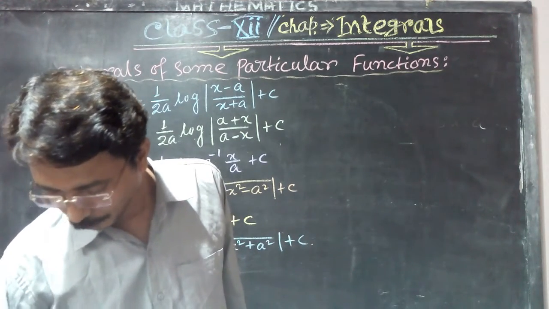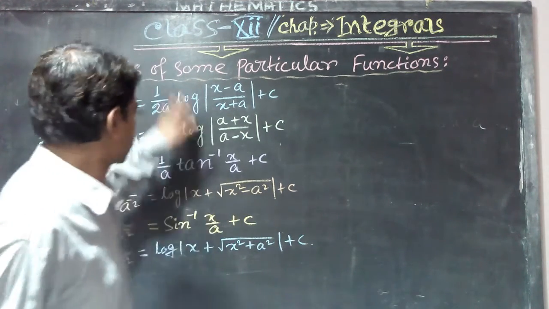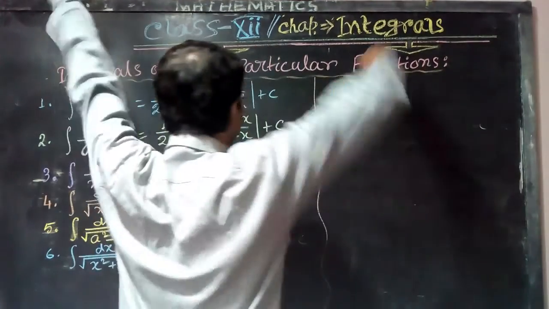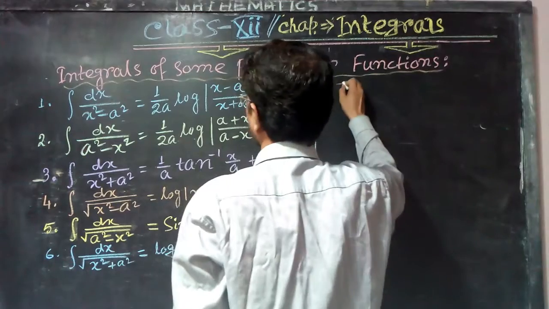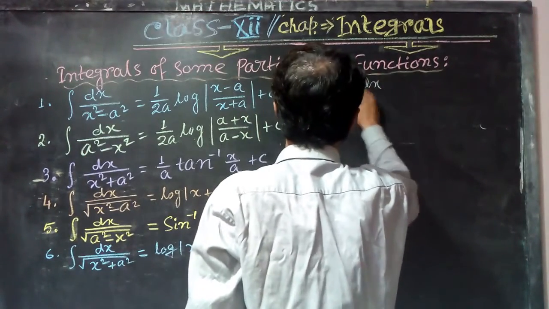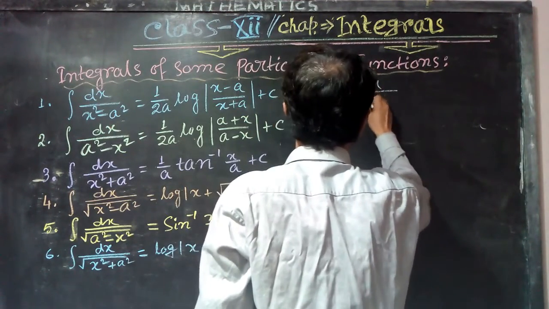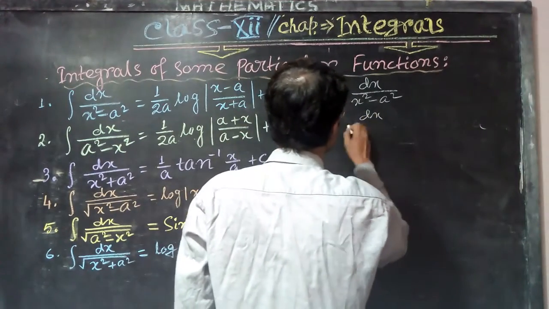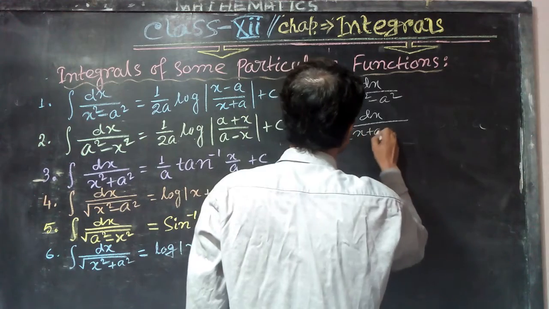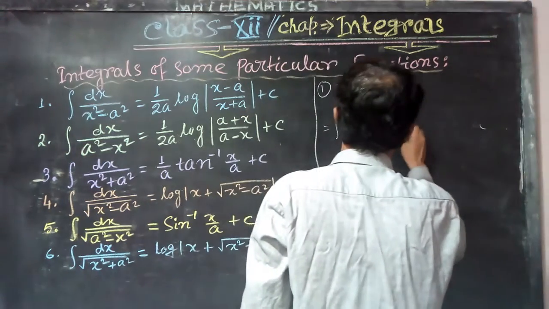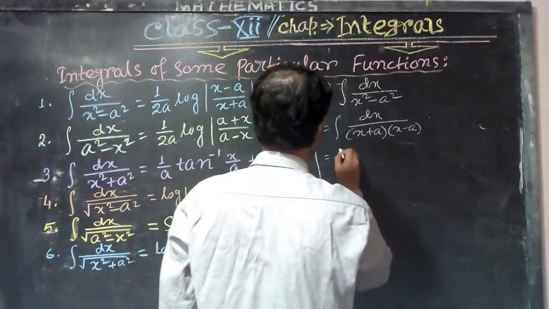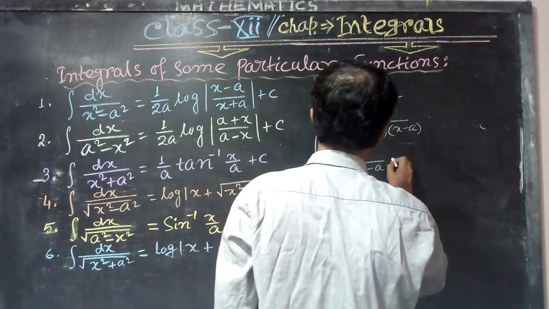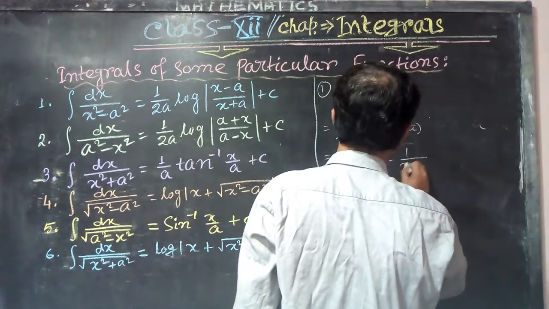I prove some of these theorems. Number one, proof: integration dx by x square minus a square, we can write this in this way, dx by x plus a into x minus a. Now 1 by x minus a minus 1 by x plus a.